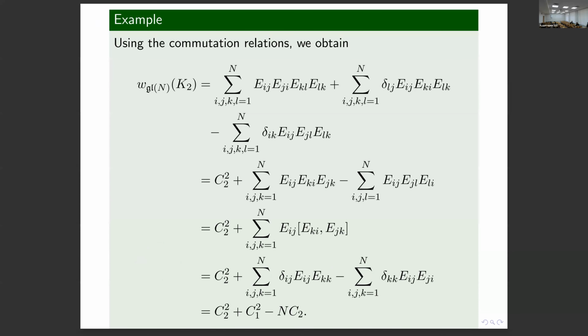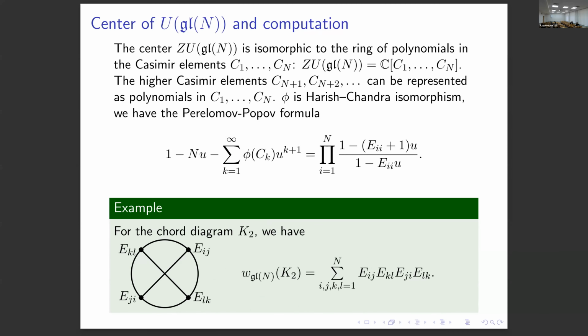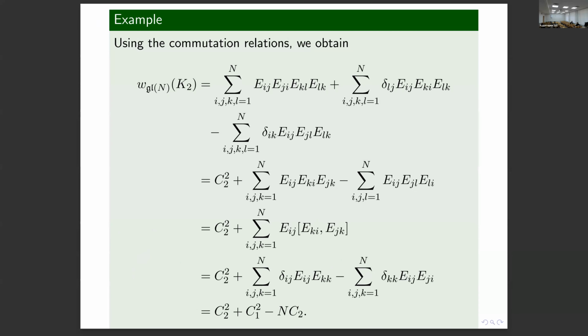So next, you switch the middle two elements, E_kl and E_ji, and replace it with the Lie bracket of E_kl and E_ji. So you get three terms. The first is the switched E_ji, E_kl, and the next two terms come from the Lie bracket. The first term, E_ij E_ji E_kl E_lk, is just C2 times C2. In the next two terms, you rewrite the indices.